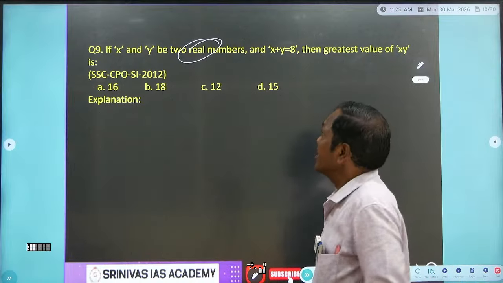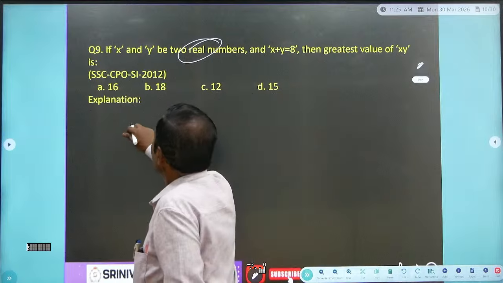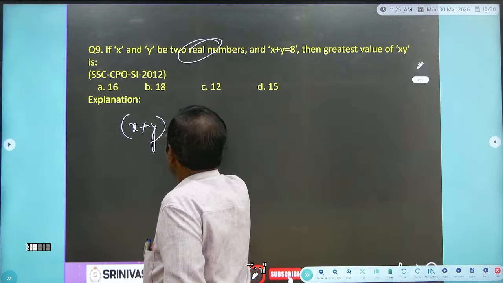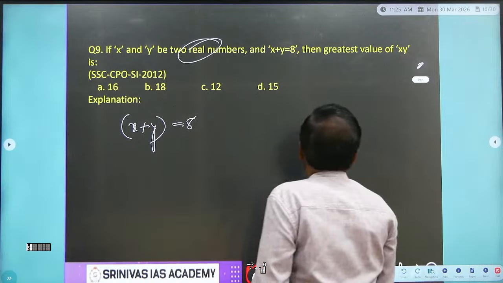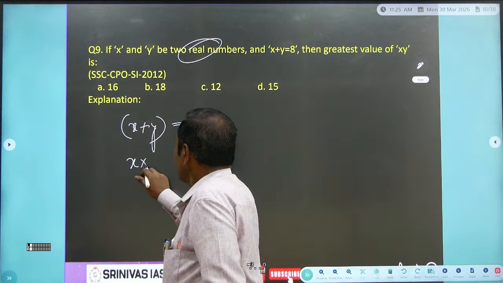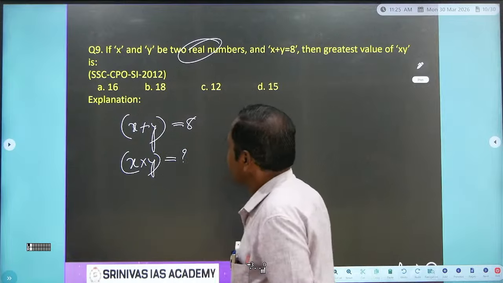Anyway, x plus y is 8. Then the greatest value of xy, x into y, is what?